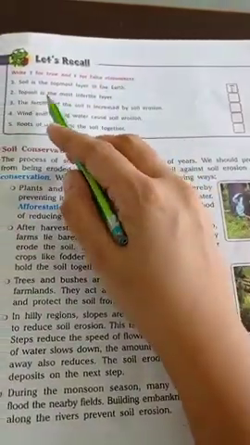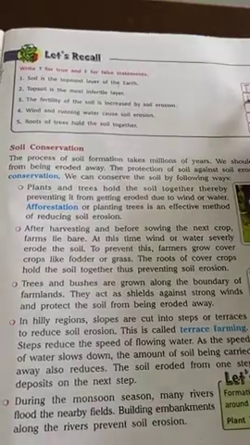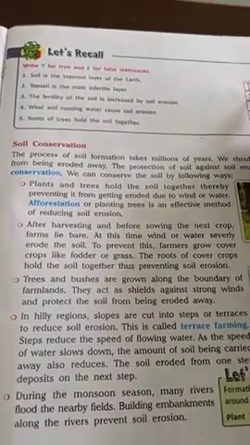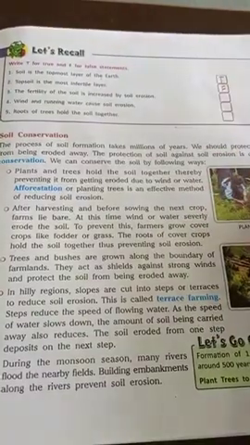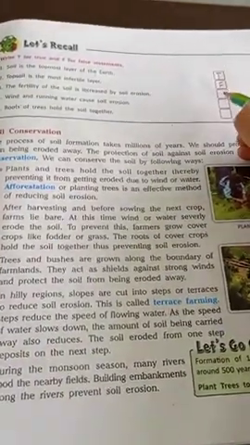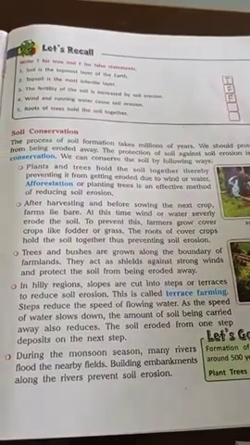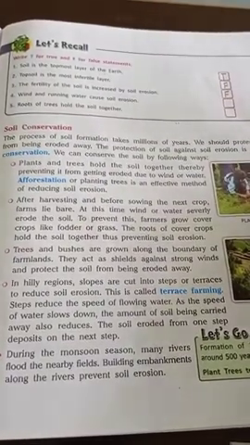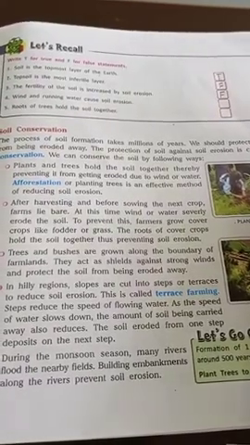Next is topsoil is the most infertile soil. It is wrong. Topsoil is the most fertile soil. So write F here. Next is the fertility of the soil is increased by soil erosion. It is wrong. So write F here. Next is wind and running water cause soil erosion.